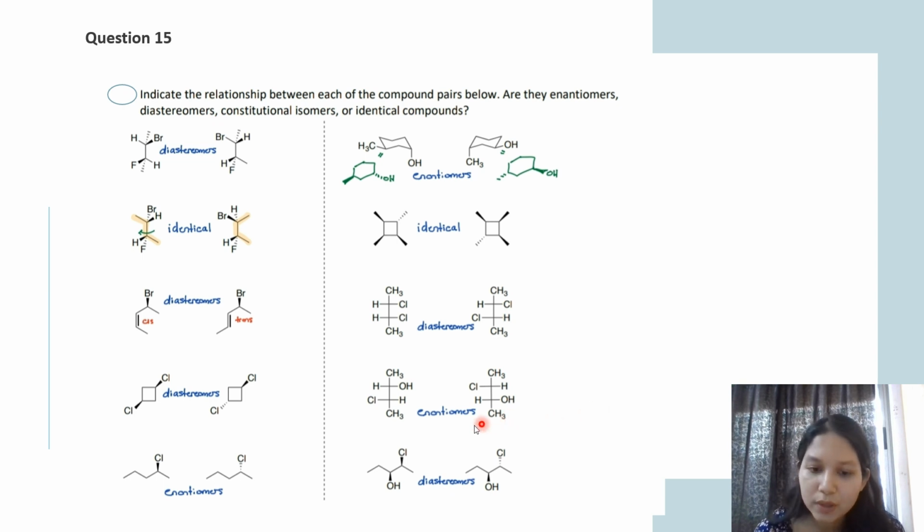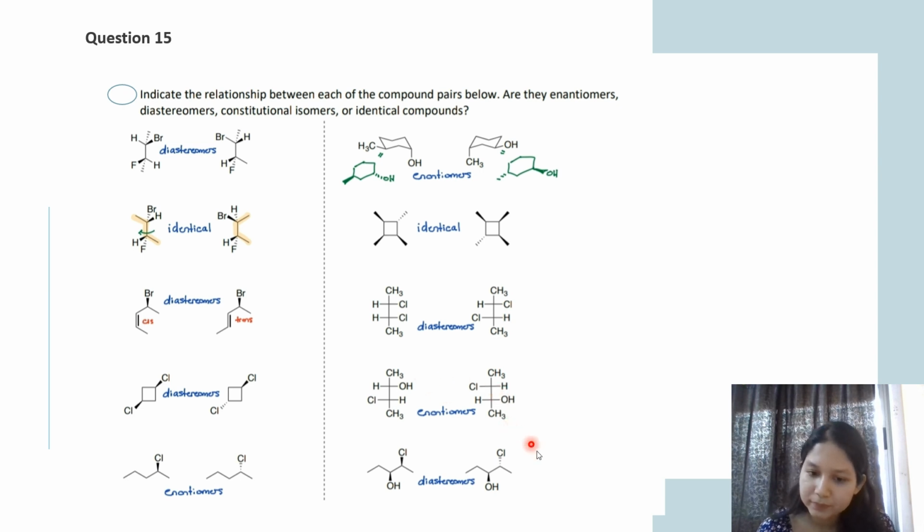I'm asking you all to solve this pair in a similar way. You just have to assign the RS configurations to the stereogenic centers present in both the molecules, and then you will find that these two molecules in the pair will be enantiomers.